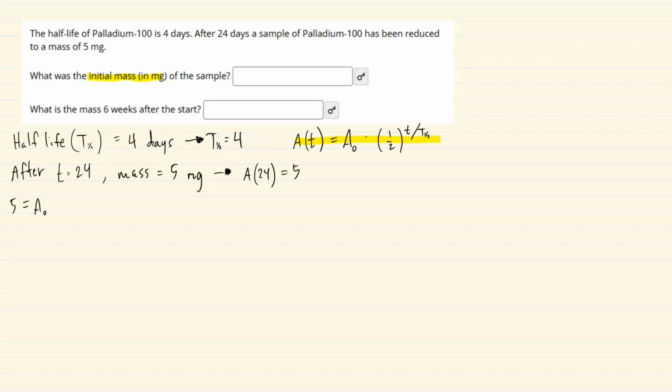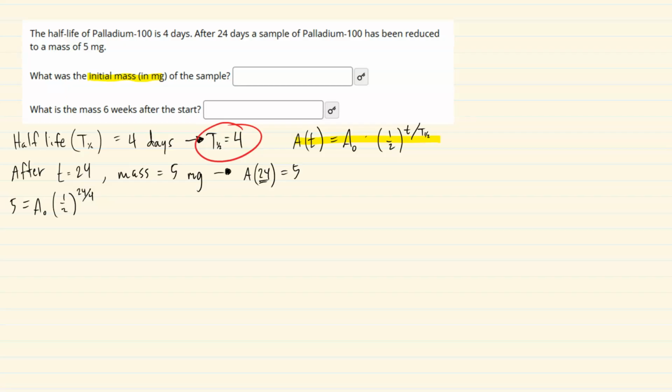And we have 1/2, that was already there. And then we have 24 inputted into the function, right? Because as mentioned, 24 is inputted to the function for t. And t sub 1/2 is equal to 4. I'm just plugging in what we are given in this function.